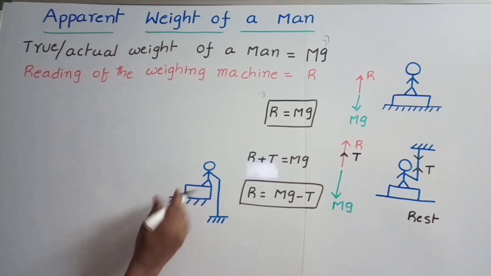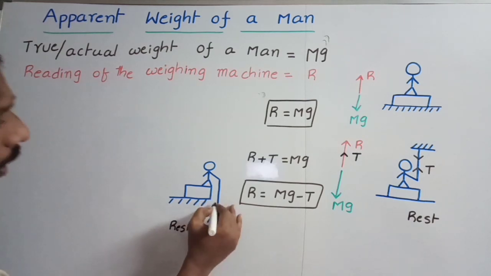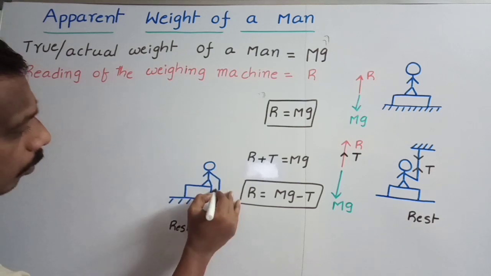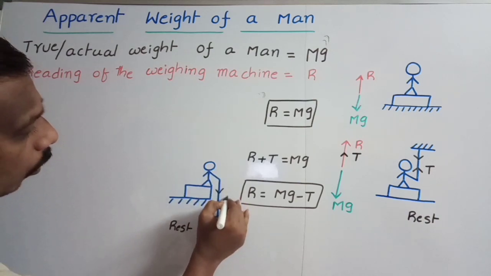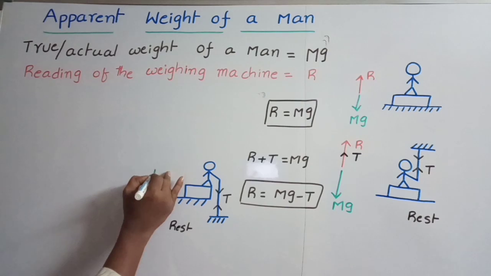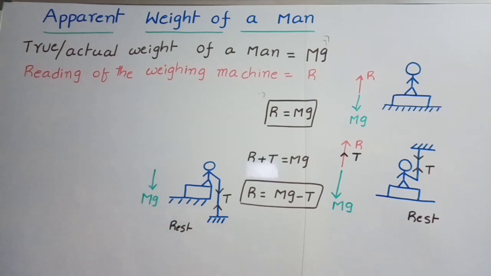Next, in the third situation, now he is pulling a string from below in the upward direction. At the same time, the string tries to pull him in the downward direction. In this case, three forces are acting on the man. His weight mg is acting in the downward direction, and tension T is also acting in the downward direction.